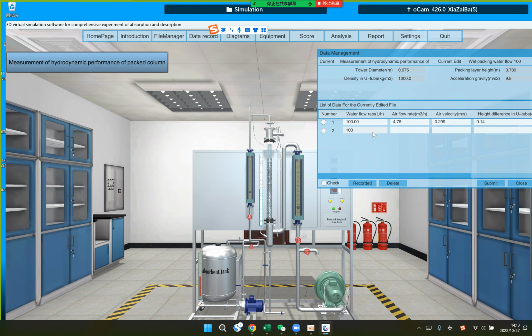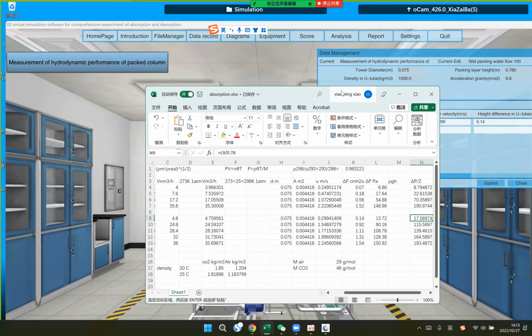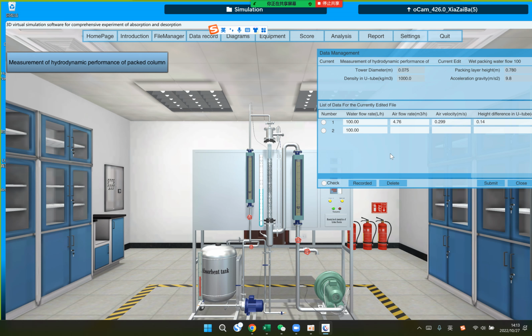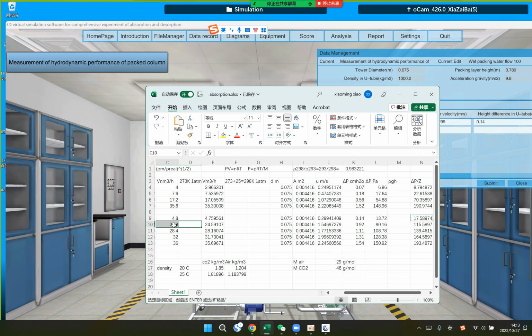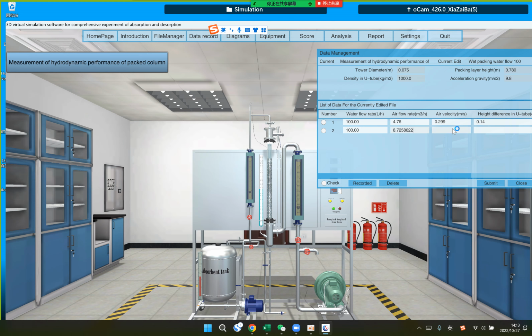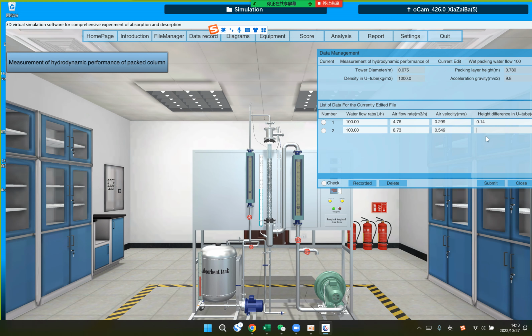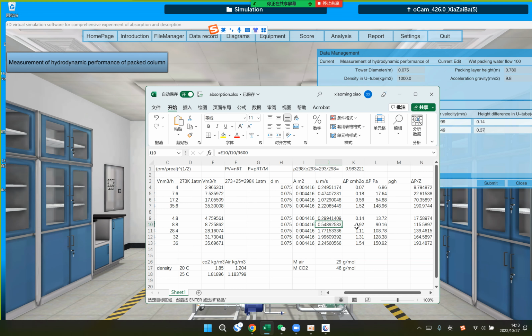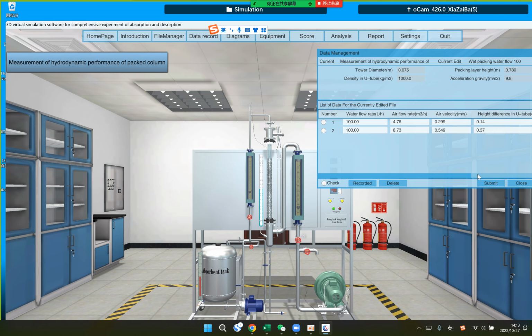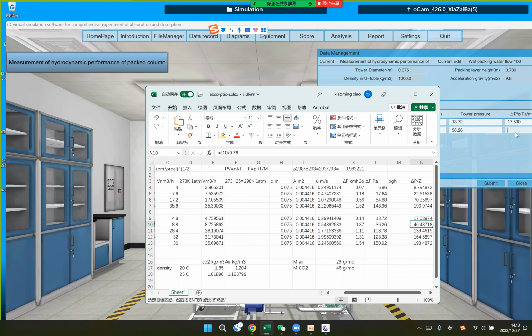100, and the second one is 8.8. So the real air velocity, and the height difference is 0.37. And also for the last one, the pressure differences.